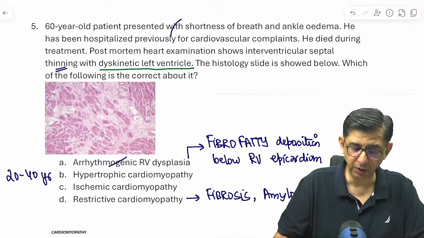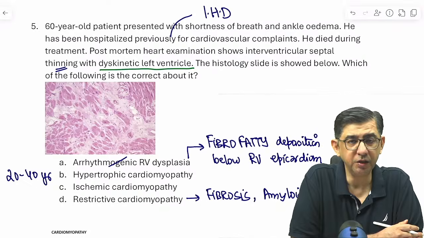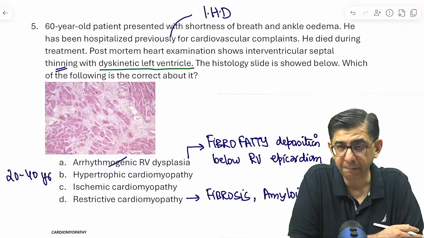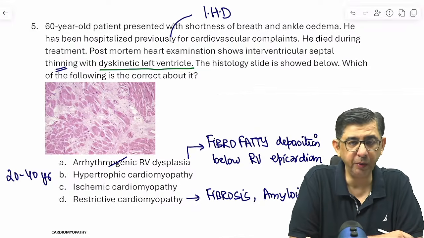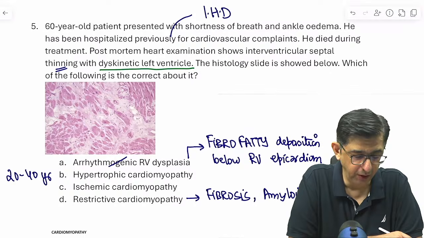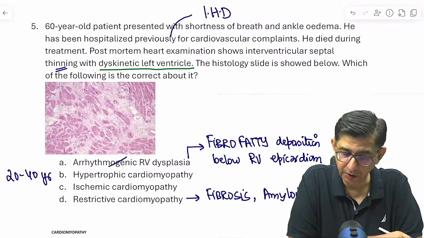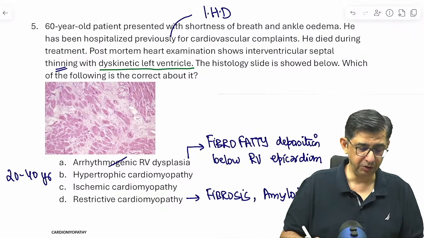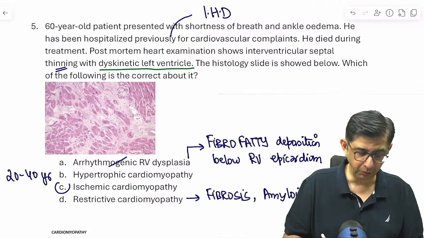That is why it is written that he was hospitalized for multiple cardiovascular complaints previously. And in ischemic cardiomyopathy, if he doesn't undergo coronary artery bypass grafting, or any percutaneous coronary intervention or stenting, then the ischemia will cause damage in the heart. So the correct answer: interventricular septal thinning with dyskinetic left ventricle is a feature that is seen with ischemic cardiomyopathy.